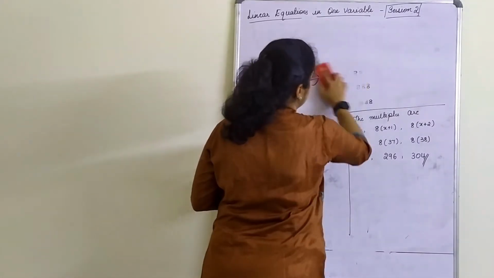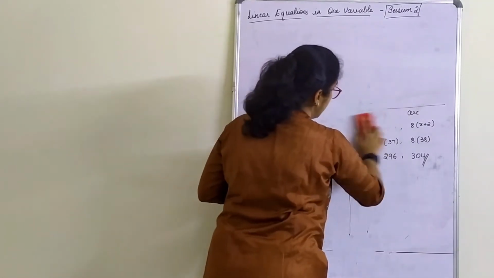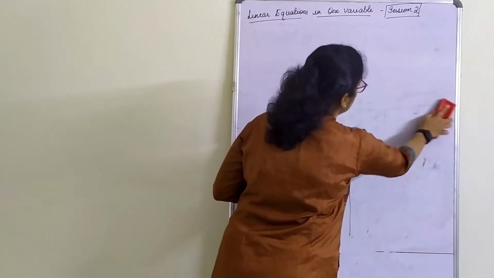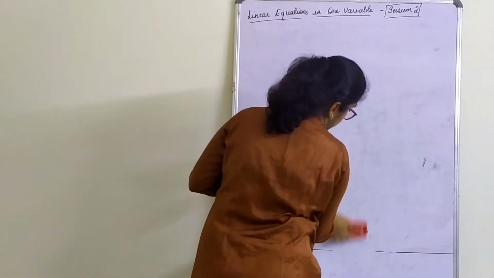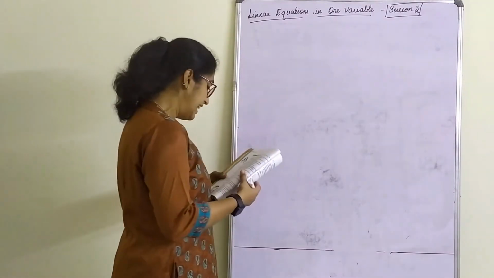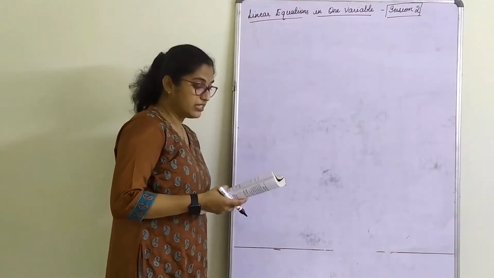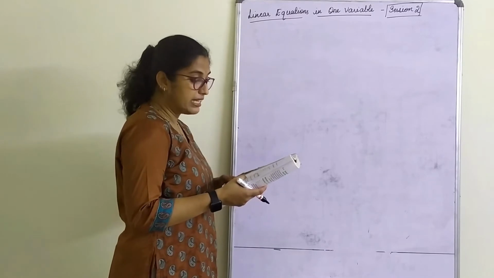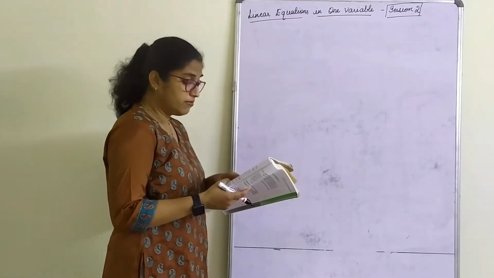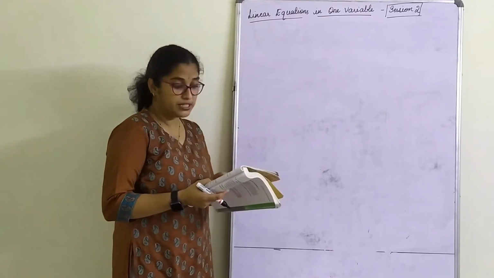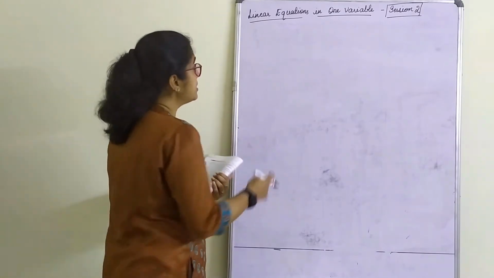Again the consecutive numbers are x, x plus 1 and x plus 2. But these are multiplied by some numbers. Let's check that. 3 consecutive integers are such that when they are taken in increasing order and multiplied by 2, 3 and 4 respectively, they add up to 74.